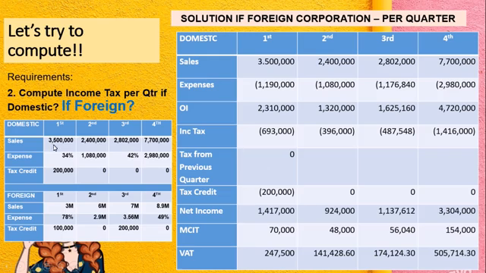That's why we just get the domestic business and put here. So for the first quarter, this business pays 693,000 and is going to pay it on May 15. So the scenario is almost the same with the domestic corporation, except that in foreign corporation only need to get the business in the Philippines.